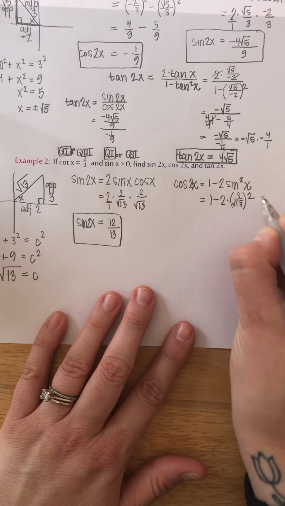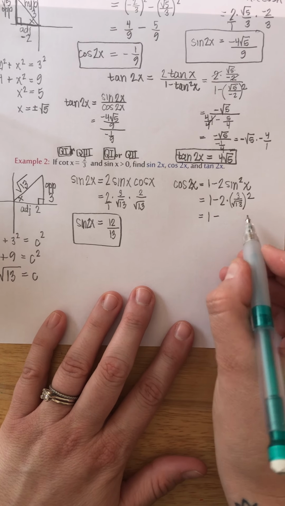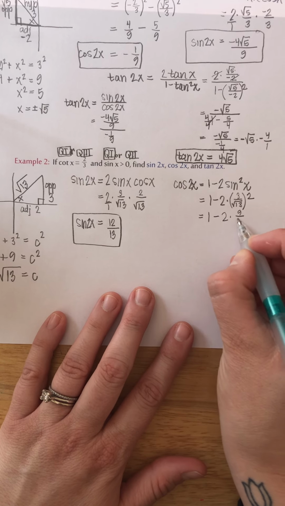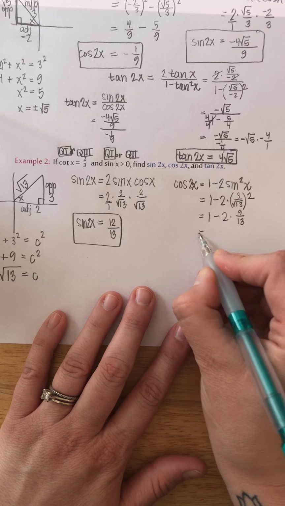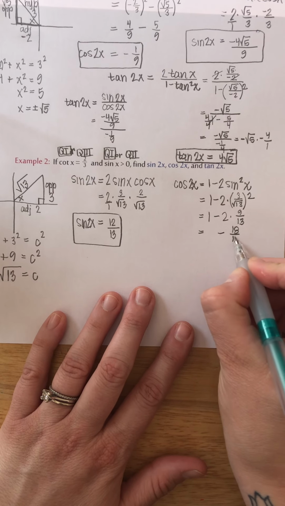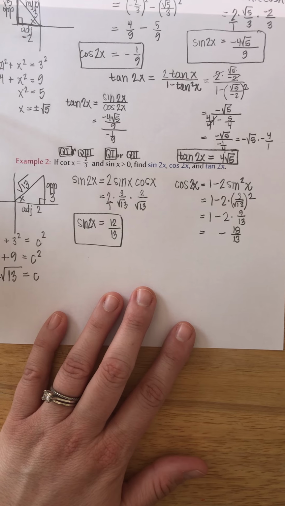But we're going to be squaring that because that's sine x squared. So when we square that, that turns into 9 over 13. And when we multiply it times the 2, that gives us 18 over 13. And I'm going to go ahead and change the 1 so that it just has a common denominator.